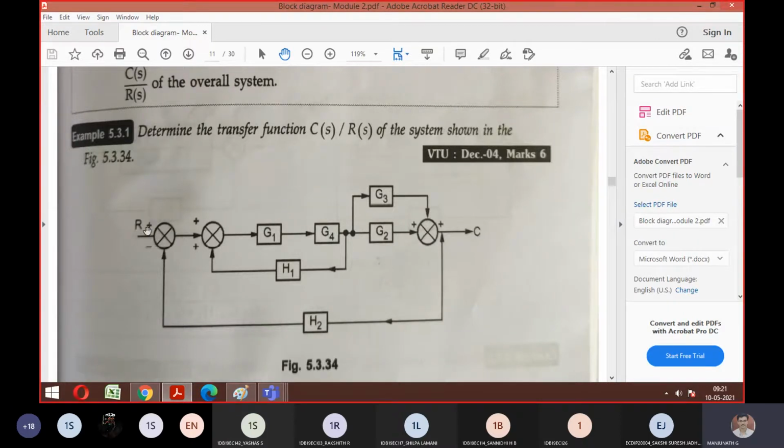I told you forward path means input to output path. Similarly, feedback path, how many do you have? 2. You can look at this one as well as this one. Look at the arrow mark. If the arrow mark was going away, then you should say it is not a feedback path. Output to input is what you should remember. That is the first thing you should know: how many paths you have with respect to feedback and forward.